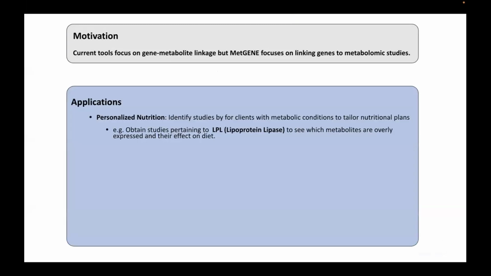Let's look at a few applications where this would be quite interesting. Consider the case of personalized nutrition, where a clinician needs to identify studies for clients with metabolic conditions to tailor their nutritional plans. So one could look at a particular gene, such as lipoprotein lipase, to see which metabolites are overexpressed when this gene is overexpressed, and what effects they have on their diet, and such studies will help them tailor their nutritional plans.